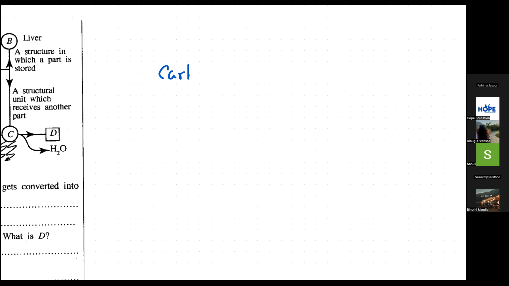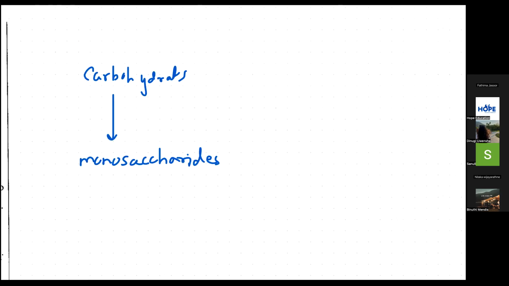Carbohydrates digest වෙලා monosaccharides හදනවා. Proteins are digested and produce amino acids, that is the end product.